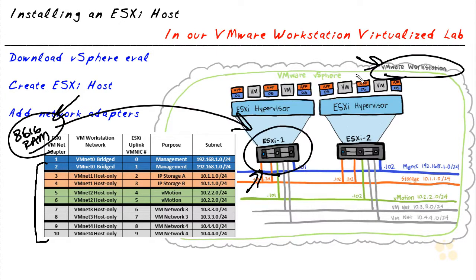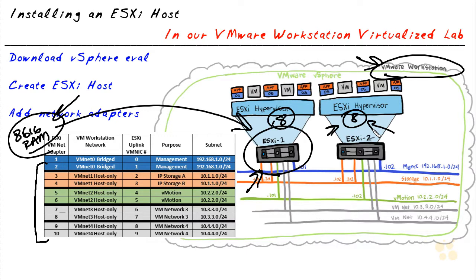So in your environment, if you're on a computer that has, for example, 16 gigabytes of RAM, and you tell ESXi1 that it can have 8, and you tell ESXi2 that it can have 8, there might be some warning messages that pop up as you try to do that, because the operating system in VMware Workstation says, oh, wait, I don't have enough physical RAM to meet those requests. If you do run into something like that, there's a couple of options.